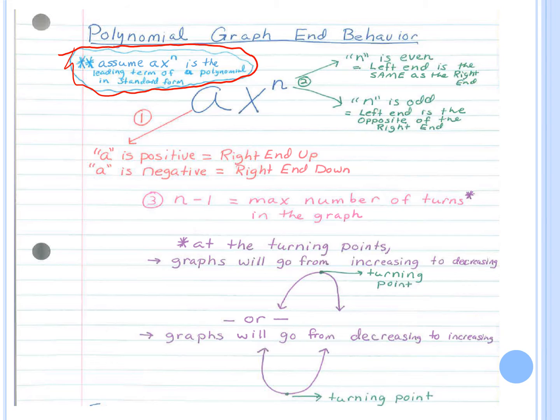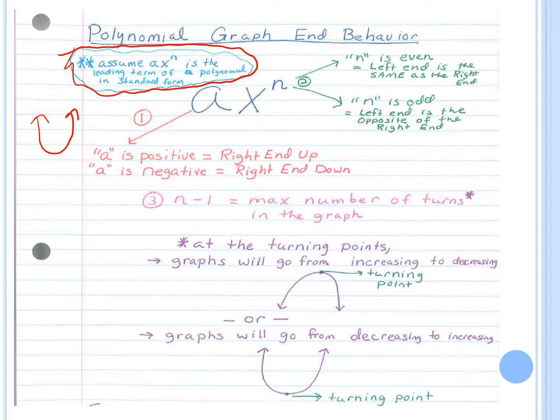Okay, so ax to the nth power. The first thing we want to look at is, what does a tell us? A tells us the right end behavior. So is your right end pointed up or is your right end pointed down? Let's think back to a quadratic, because that's what we've most recently studied. If a was positive, that quadratic opened up.